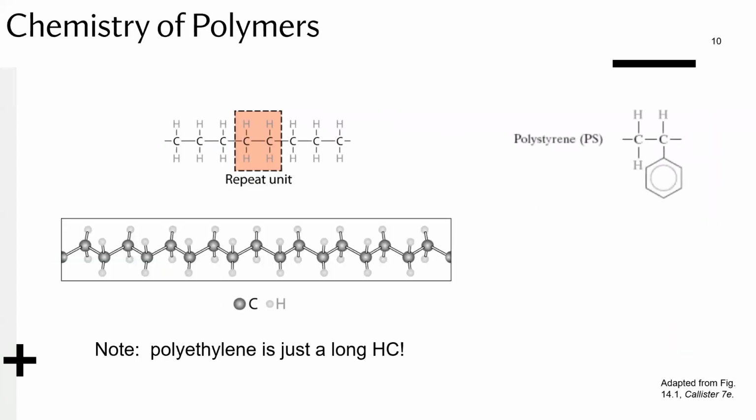So a lot of these polymers have a more complex structure. In this case, you've replaced one of these side groups with basically what we call a ring. It's an aromatic ring here, and we will learn about the properties and uses of this material.